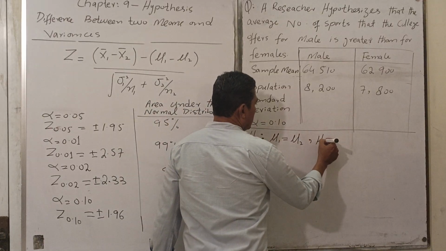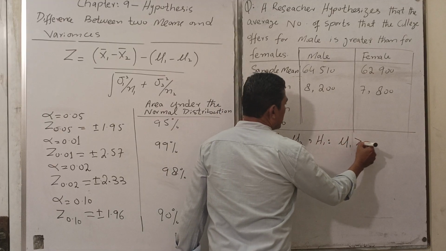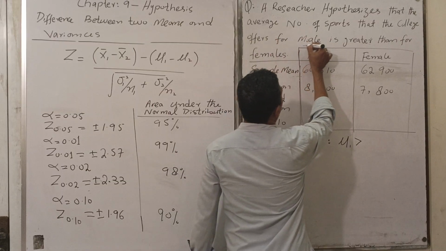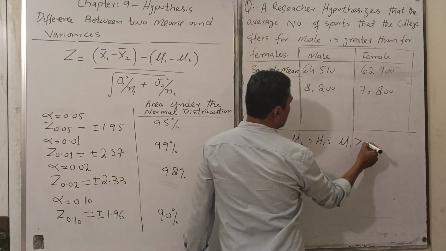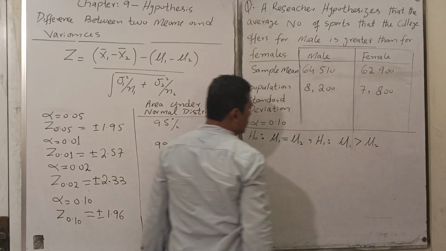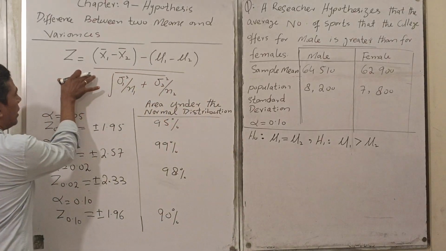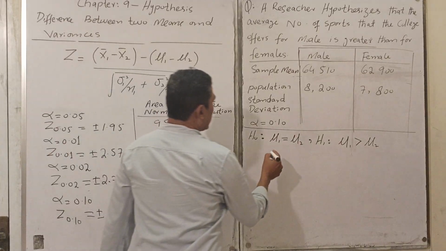Similarly, H1 is mu1 greater than mu2, the case of greater than. Right? Now calculate the Z calculated value.